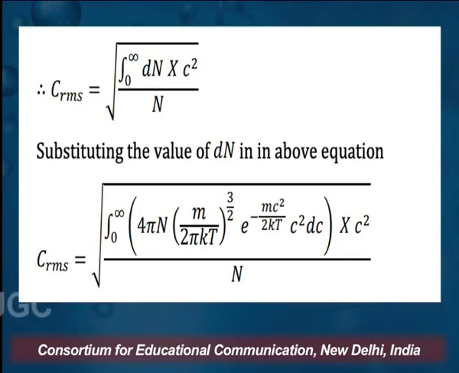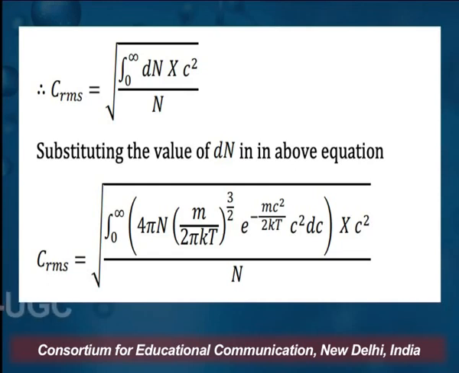Substituting the value of dn in the above equation, what do we get? We get CRMS is equal to root of integral of 0 to infinity 4 pi N (m by 2 pi kt) to the power 3 by 2 e raised to minus mc square by 2 kt c square dc into c square divided by N.